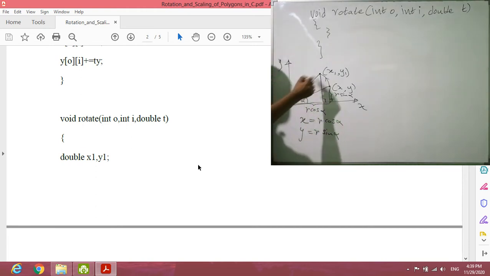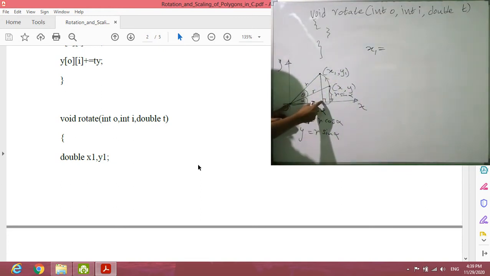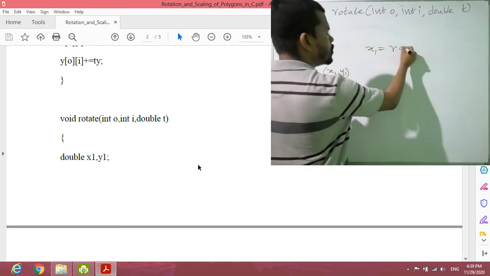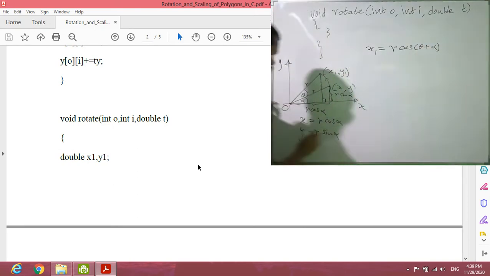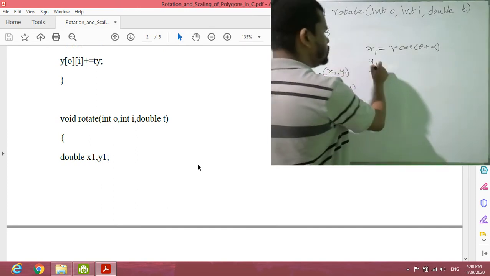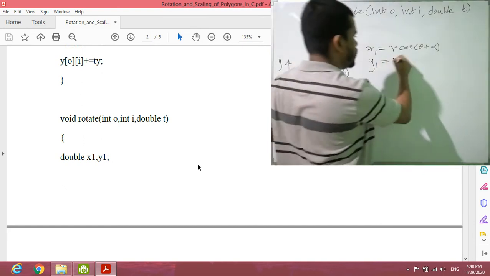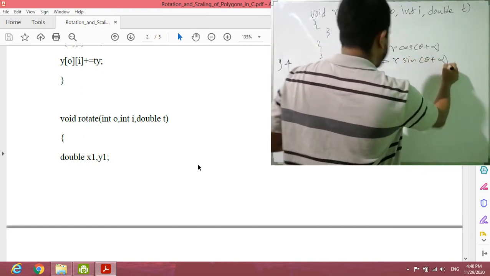Now if you consider this particular triangle, x1 means this length, actually r cos(theta plus alpha), okay. And y1 means this length, if you consider this particular triangle, r sin(theta plus alpha), okay.